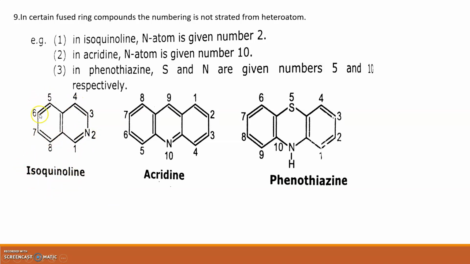If you see the structure of isoquinoline, the numbering starts from here, and nitrogen gets number 2 because of its stability and saturation. The same in acridine: if you see the structure of acridine, the heteroatom gets the 10th number. In phenothiazine, the sulfur gets number 5. Likewise, point number 9 indicates that in certain fused compounds, the numbering does not start from the heteroatom. These are a few examples of compounds which do not start with the heteroatom.